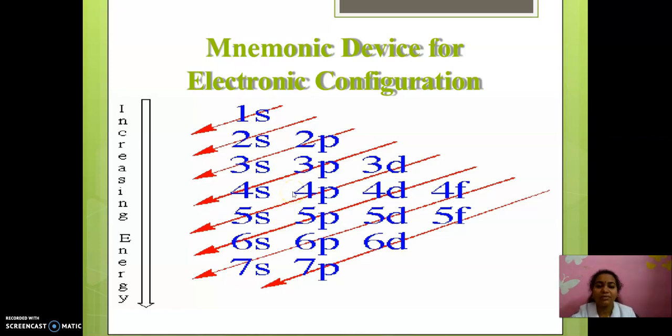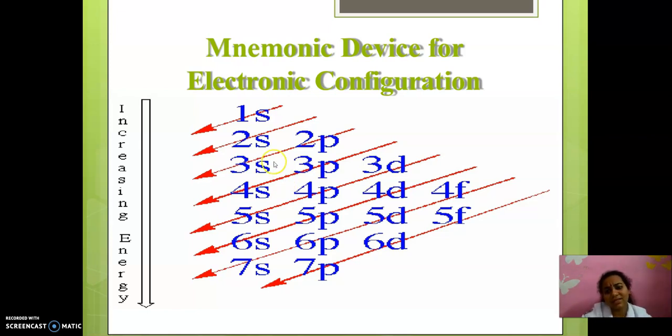For example, if n is equal to 1, then 1 minus 1 is 0, that will be the azimuthal quantum number, and 0 denotes the S subshell. If n is equal to 2, then 2 minus 1 gives 1, which denotes the P subshell. So S, P, D, F, like that it will be there.